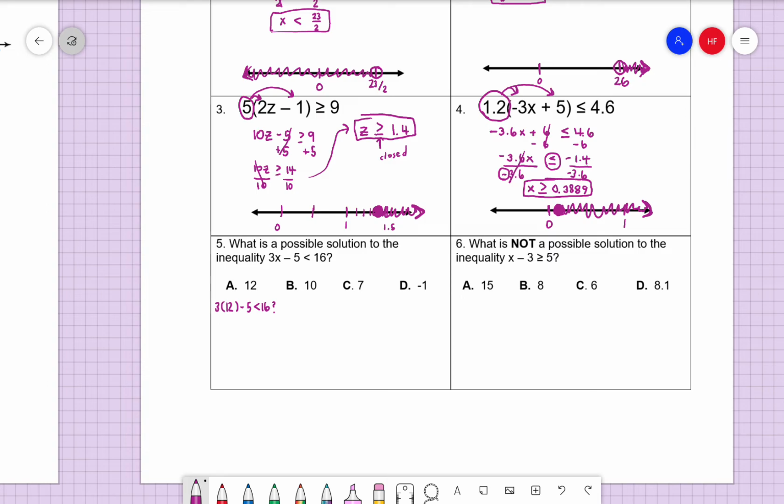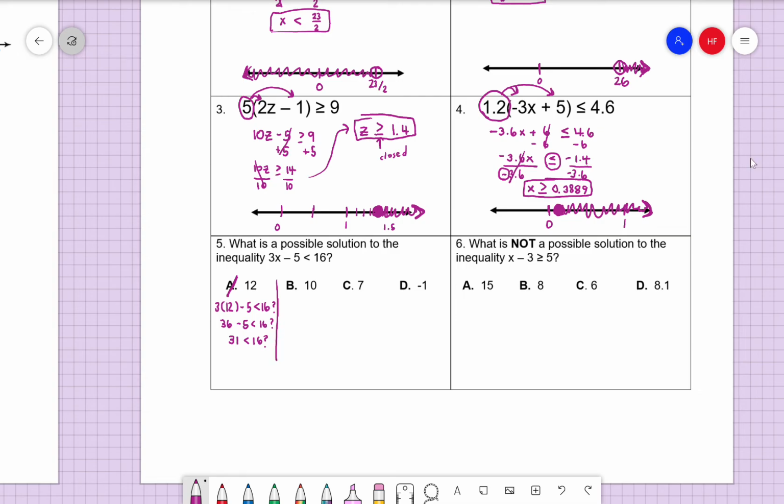So 3 times 12 is 36 minus 5. We want to know if that's less than 16. 36 minus 5 is 31. Is 31 less than 16? No, it's a much larger number. So A cannot be our answer.